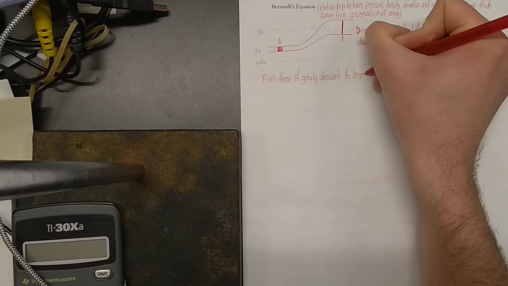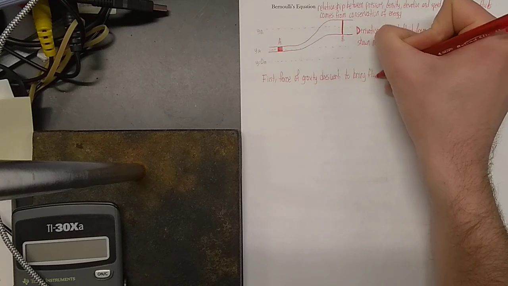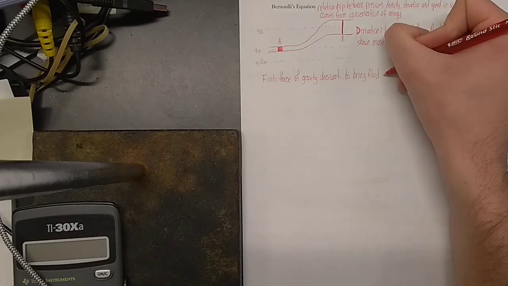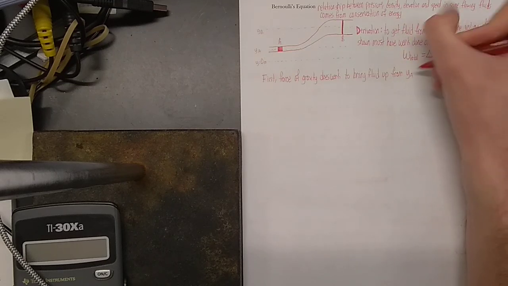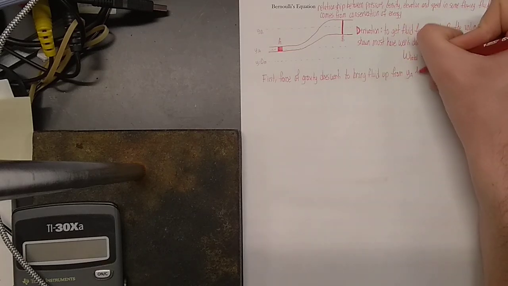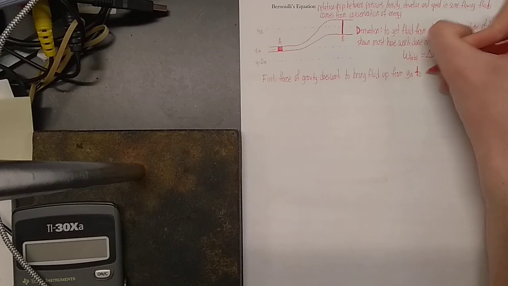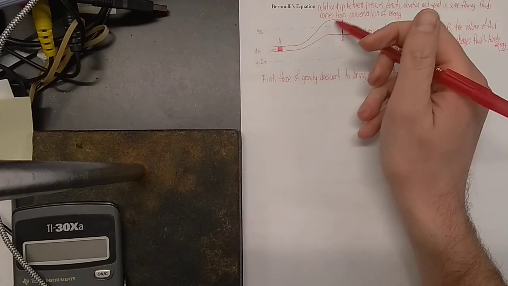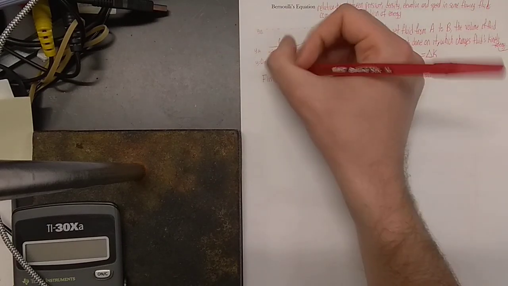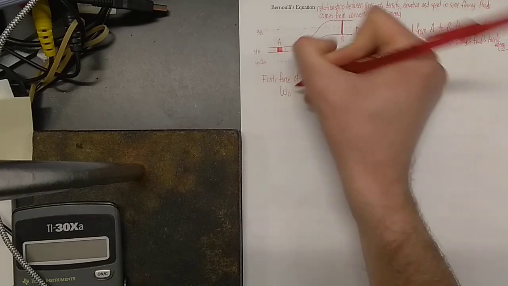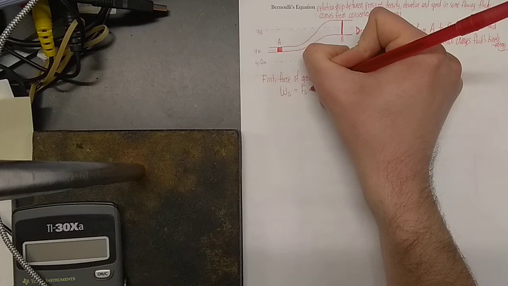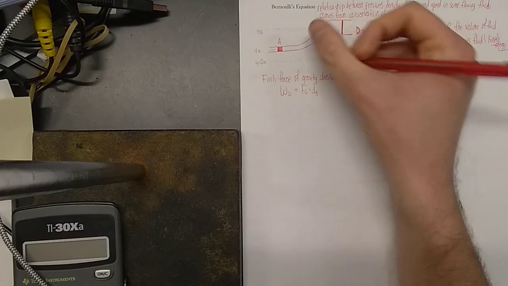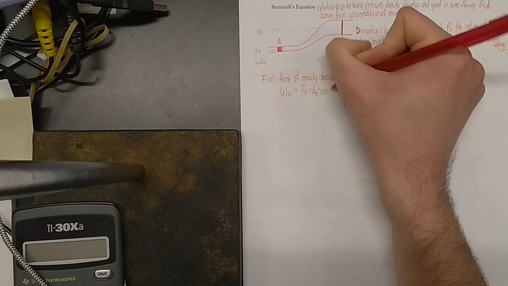Force of gravity does work to bring the fluid up from where it starts off at a position of YA to a position of YB. The elevation increases. So let's talk about the work done by gravity. WG equals the force of gravity times the displacement in the Y direction, times cosine of theta.